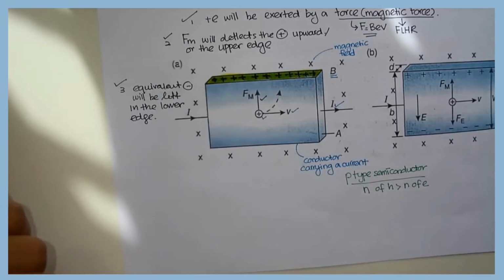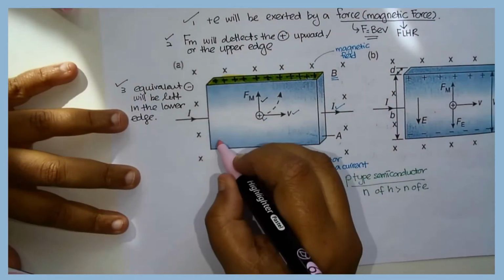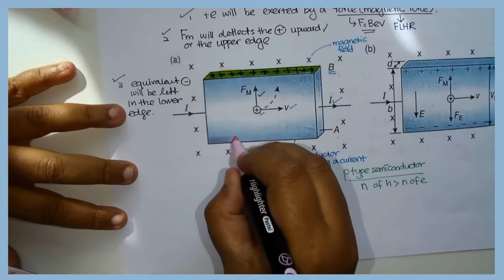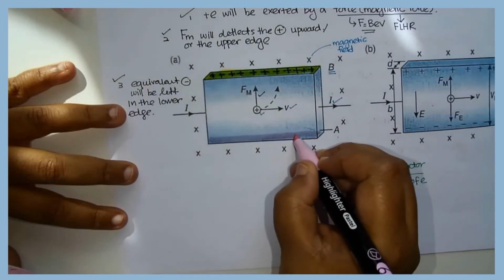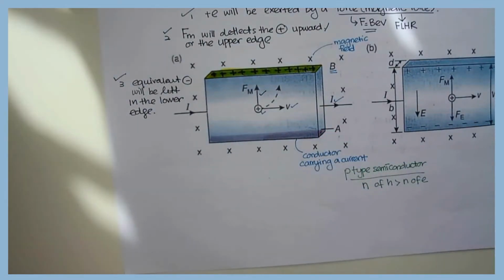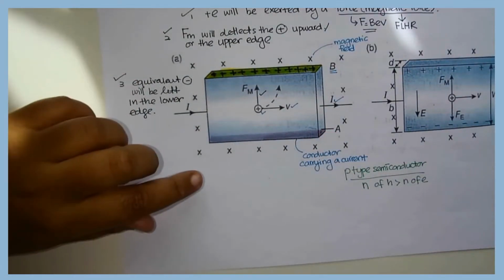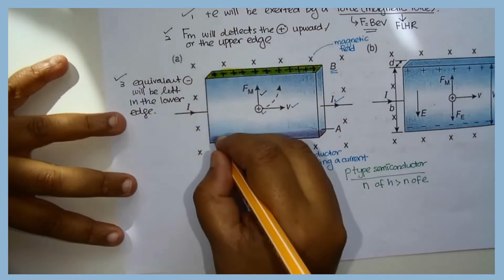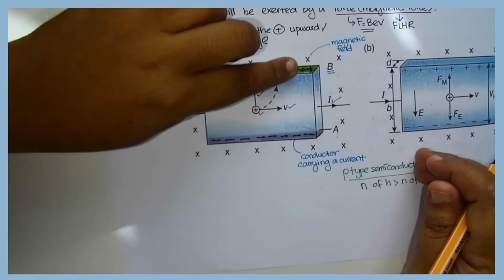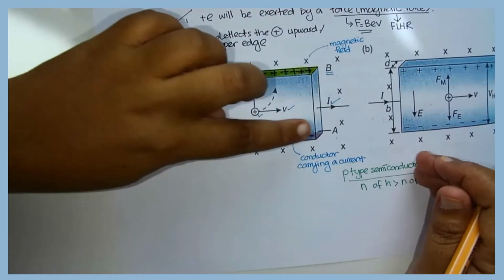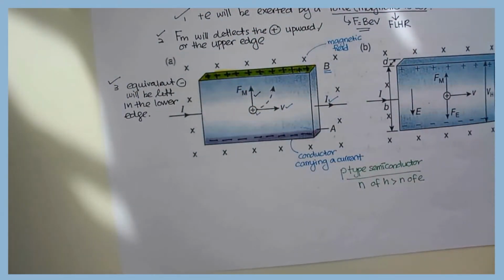We will have negative charge carriers, which I'm going to draw like this. So all the negative charge carriers will be at the end here. Not accumulating, because all the positive goes here. What is left behind down here will be the negative charge carriers.